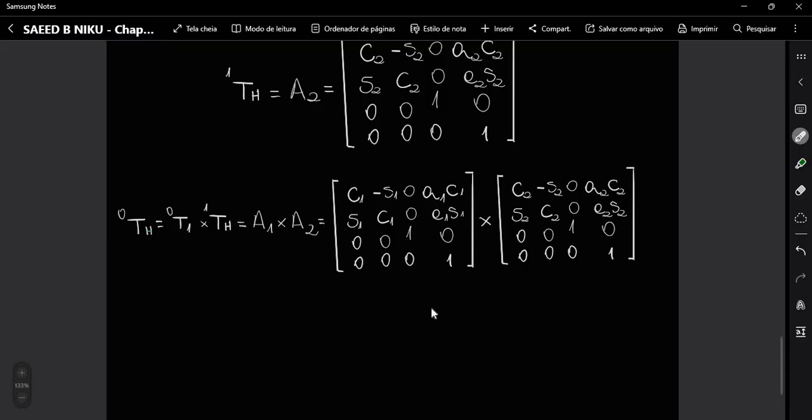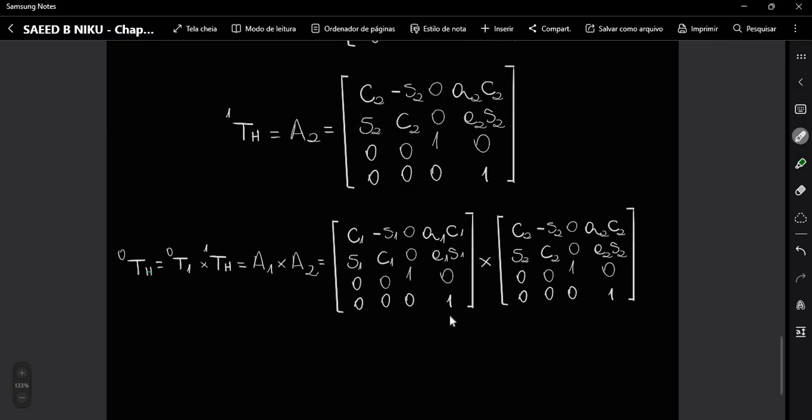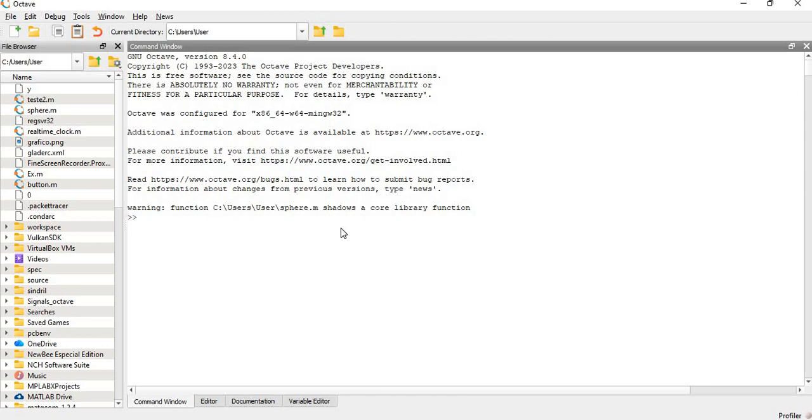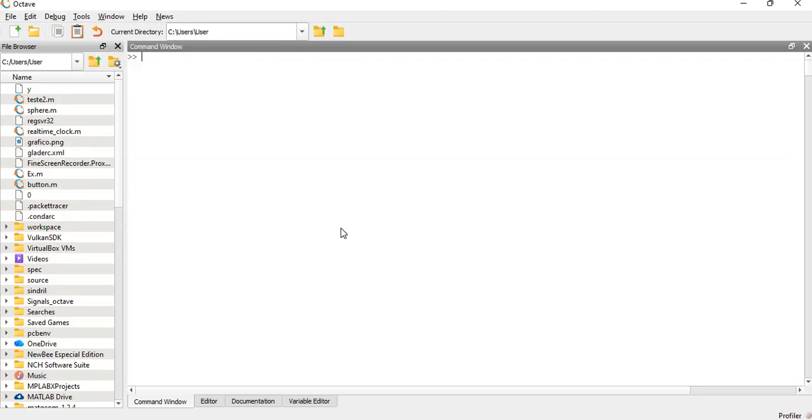And now let's use the Octave to evaluate this operation. So again, open up your Octave environment and on the command window type, first of all, clear all to clean up the Octave's memory. Then type clc to clean the command window.